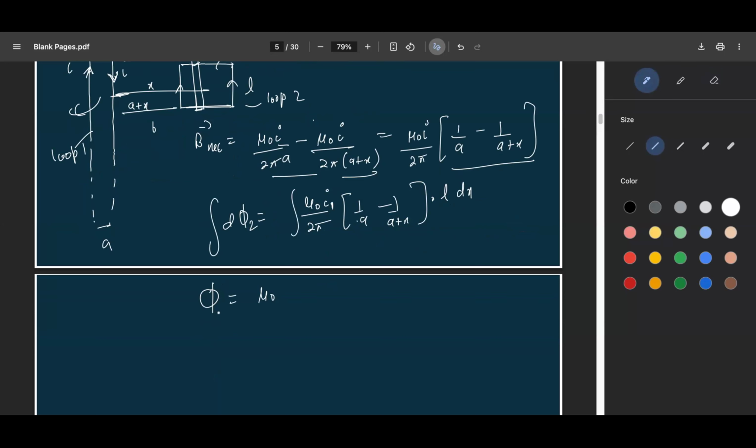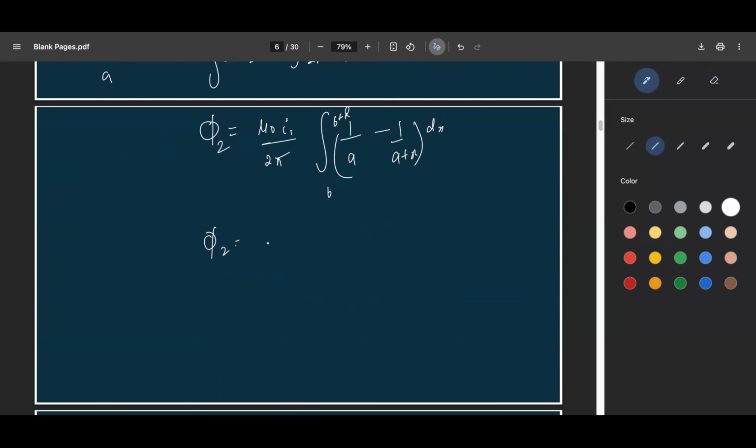Integrate. The moment you do this, you'll get mu naught I1 by 2 pi inside 1 by a minus 1 by a plus x dx, the whole. From where to where are you going? x is taken from this point, right? So you are going from b to b plus l. What is the integration you are going to get?